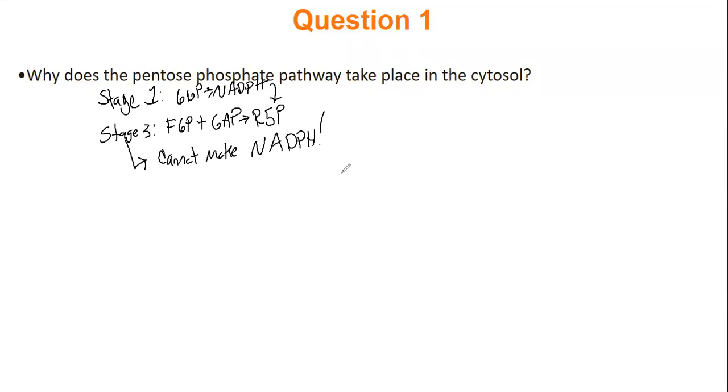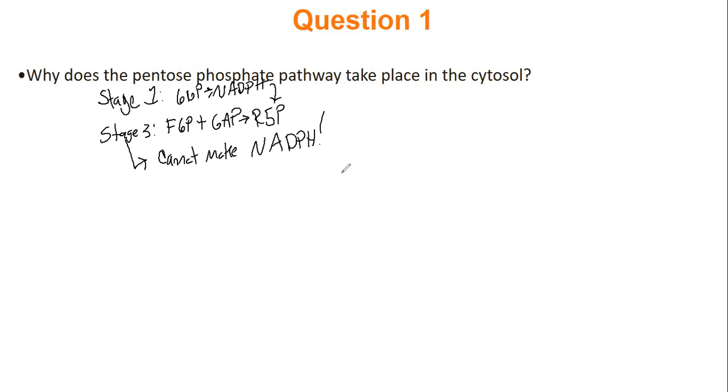But everything's connected. So to start this pathway, I need to be fed in these sugars. These sugars are created from glycolysis. Glycolysis happens in the cytosol. Therefore, it makes sense that all the pentose phosphate pathway enzymes are also in the cytosol, because they are working on the same things.